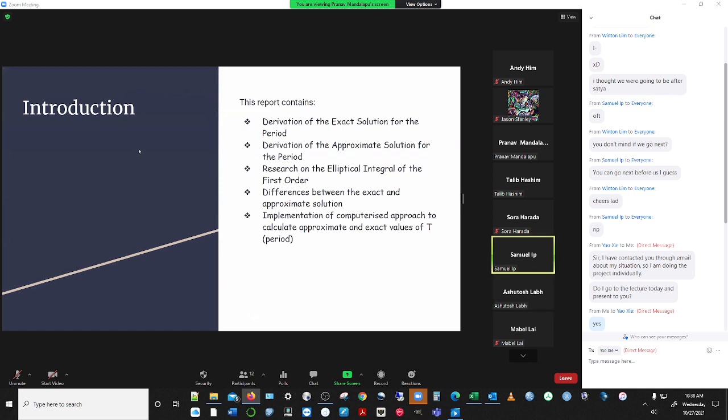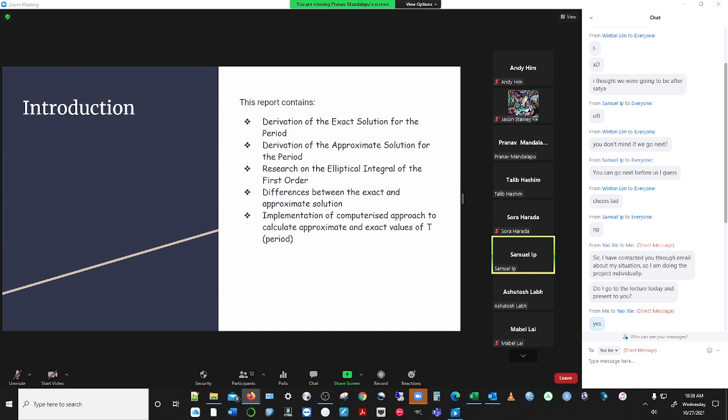So we're doing the exact solution for a pendulum. We're doing a derivation of the exact solution and also a derivation of the approximate solution in terms of period time.